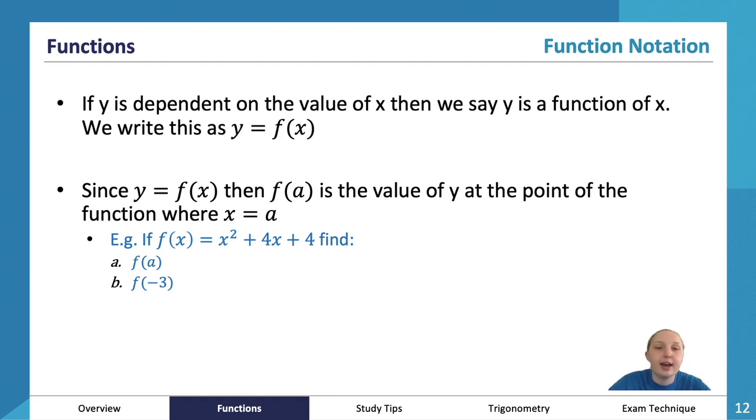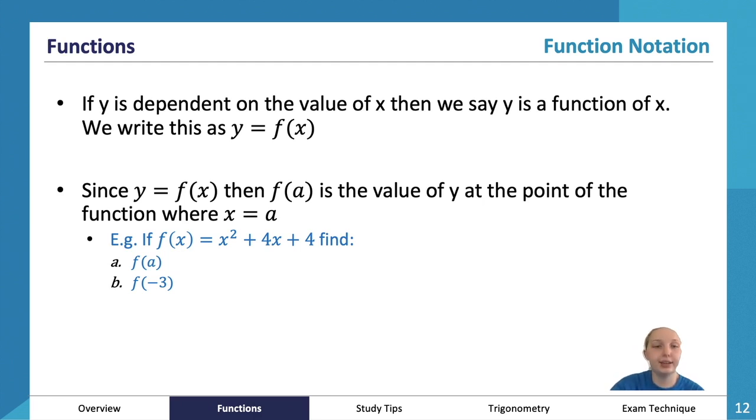If we have x squared and we have f of 1, we put 1 into that equation, we'll get 1 squared, that's equal to 1. Okay, so we'll have a bit more of a look at an example in a minute, because it's a little bit tricky to get your head around without seeing an example. But essentially, what this means is that our y coordinate is equal to f of x. So our y coordinate is equal to substituting x into the function.